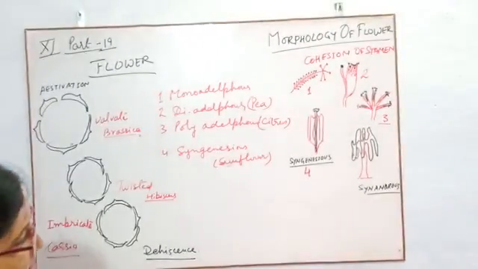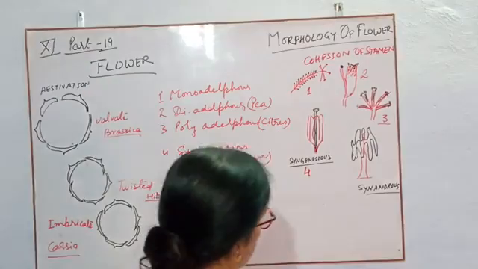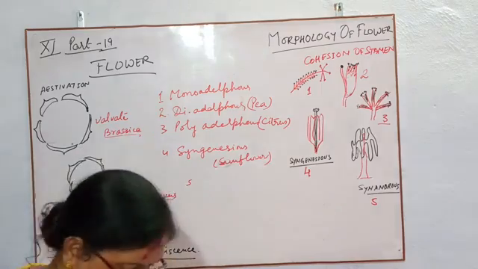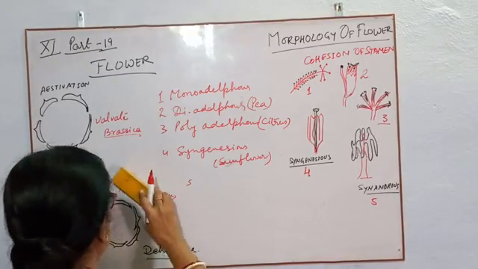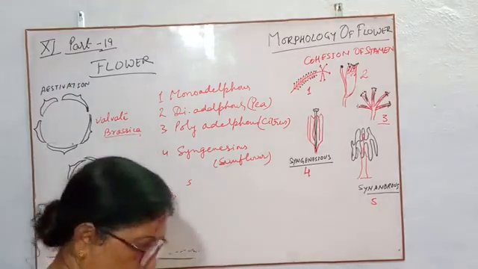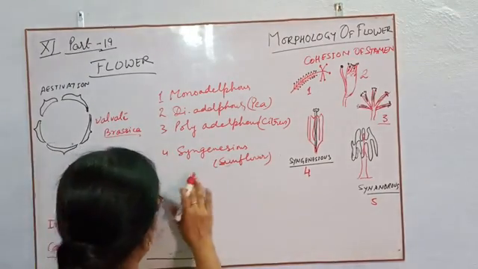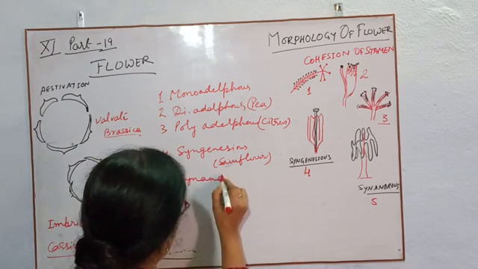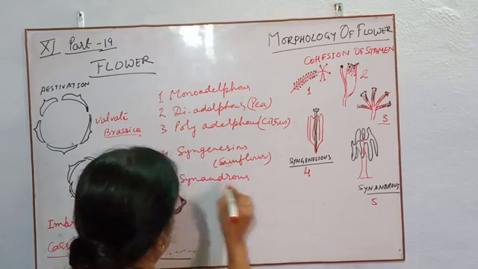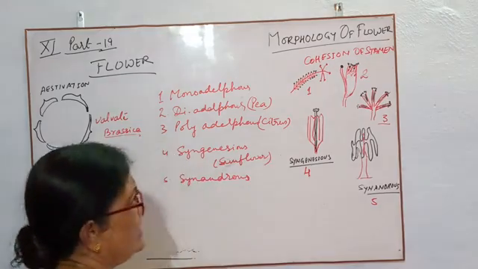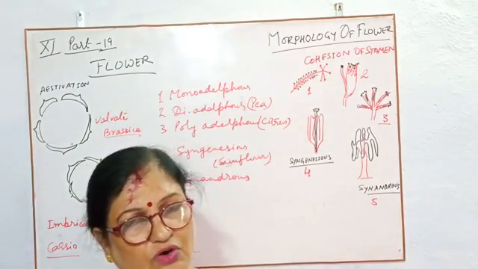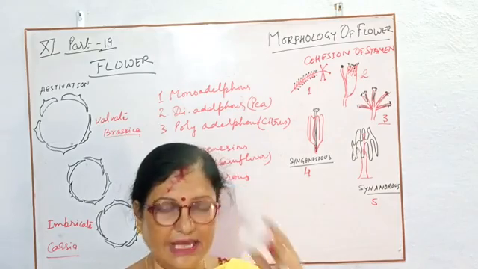And then the last one, that is number 5, will be synandrous. As the name suggests, syn means joint, androus means all the stamens, that means anthers.